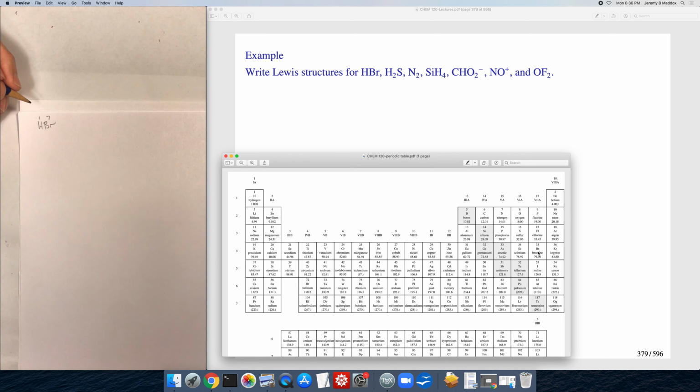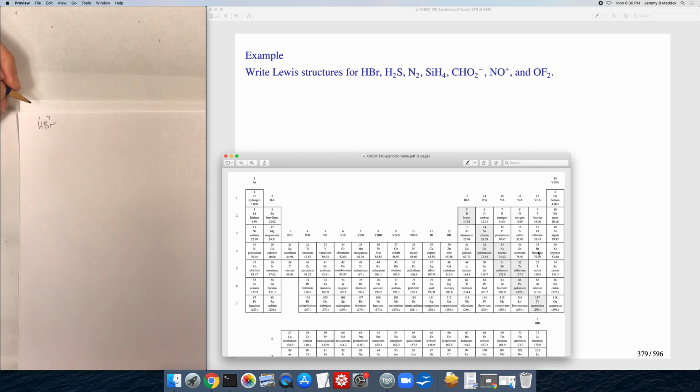And so then I'm going to write the skeleton structure for that. Okay, like that. And so the line that I've drawn here, that represents 2 of the electrons. So now I've got a total of 6 electrons that need to be filled in. Now hydrogen only needs 2 valence electrons, so we are not going to add any more electrons to hydrogen.